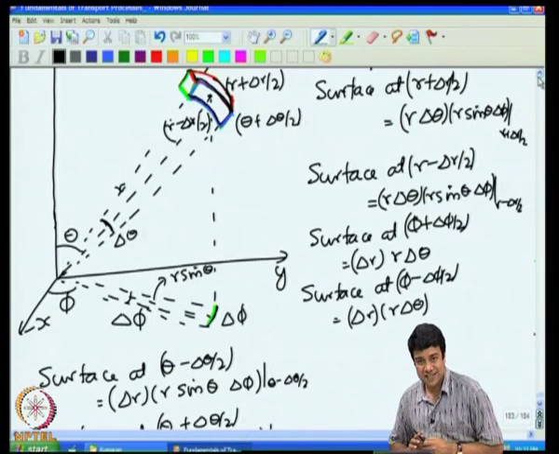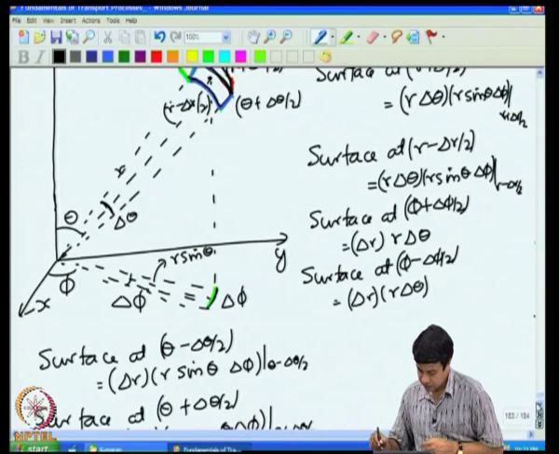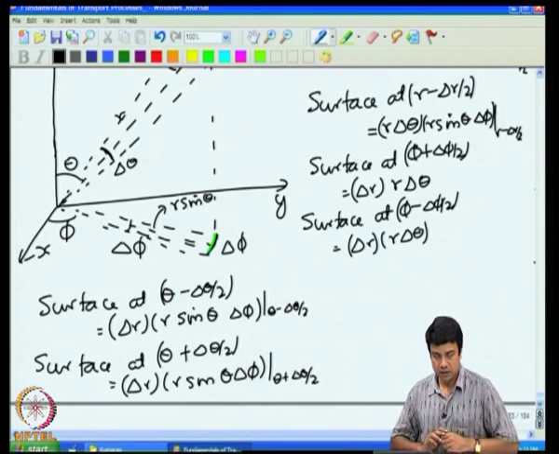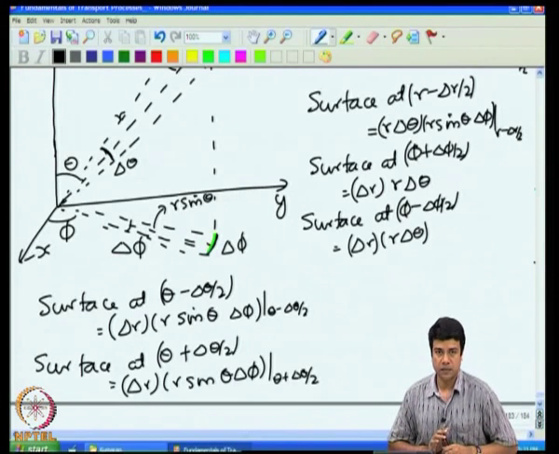Note that as in any curvilinear coordinate system, these surface areas depend upon coordinate. In particular, the surface area at r plus delta r is proportional to r square sin theta delta phi. At phi plus delta phi by 2 and phi minus delta phi by 2 it is equal to r times r delta theta. The third one is equal to delta r times r sin theta delta phi. So, these surface areas do depend upon the coordinates.